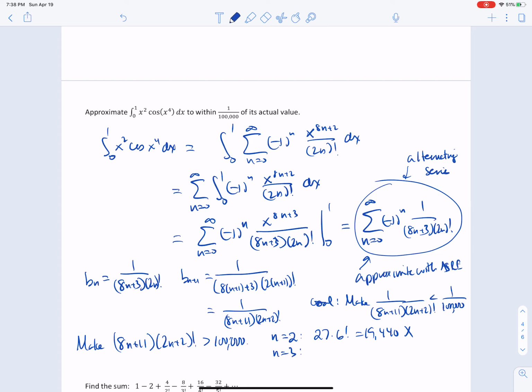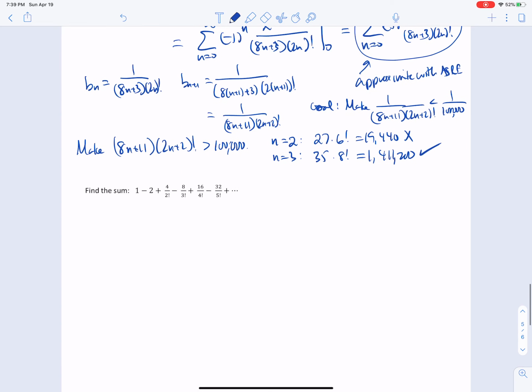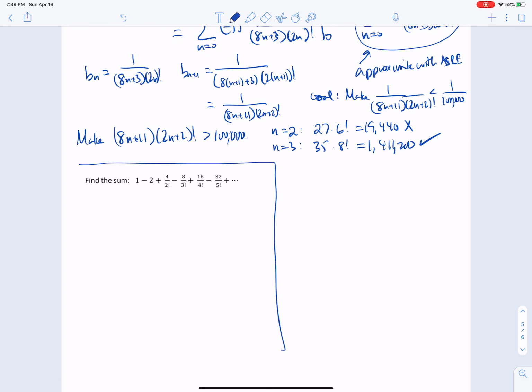But when n is equal to 3, I get 24 plus 11, 35, 2 times 3 plus 2 is 8, times 8 factorial, and that actually is well over 1 million. These numbers grow fast. And so I want to take n equal to 3. So I'm running out of space here. Let me carve out some space for this problem. It'll be kind of short.